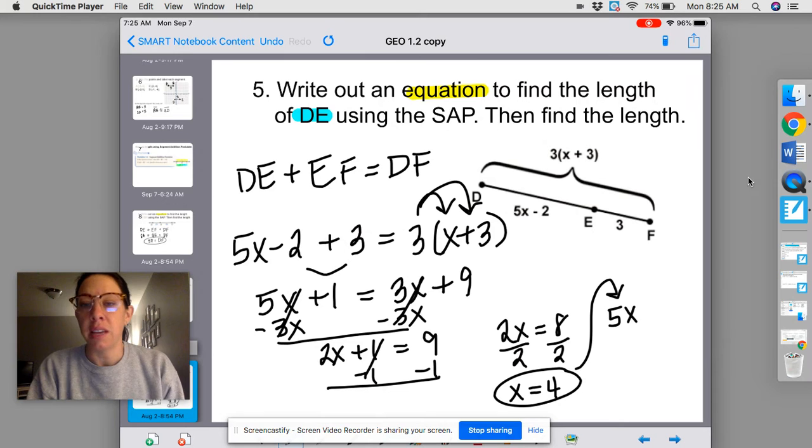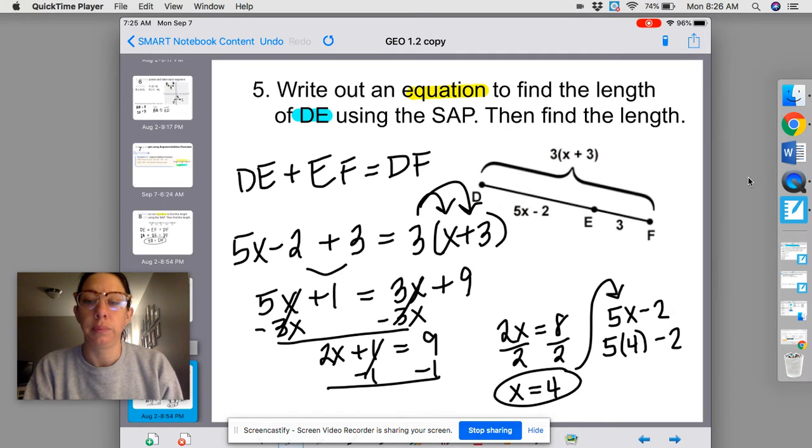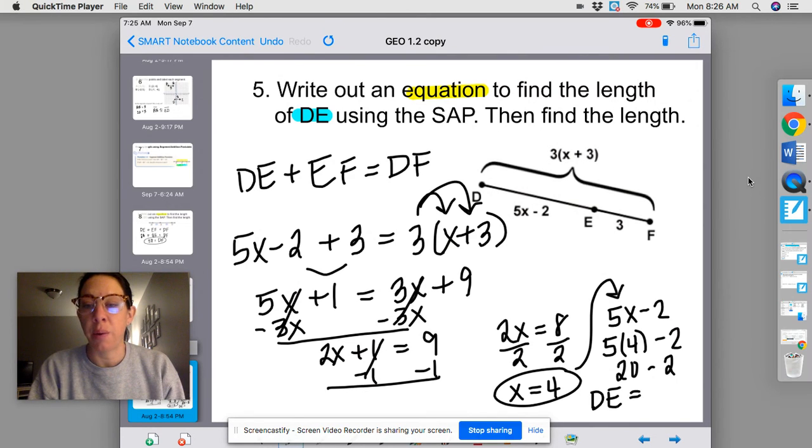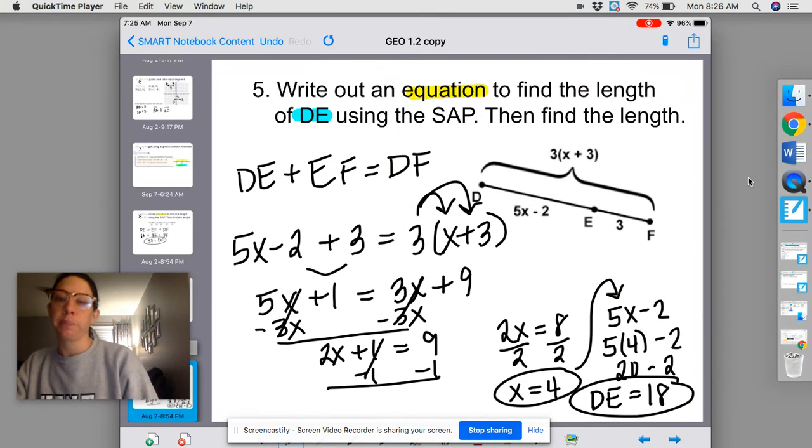So I have to take that and substitute in the value of x that I got. So don't get the question wrong by writing 4. You need to plug it in, and now I can evaluate that expression. So DE equals 18, the length of DE.